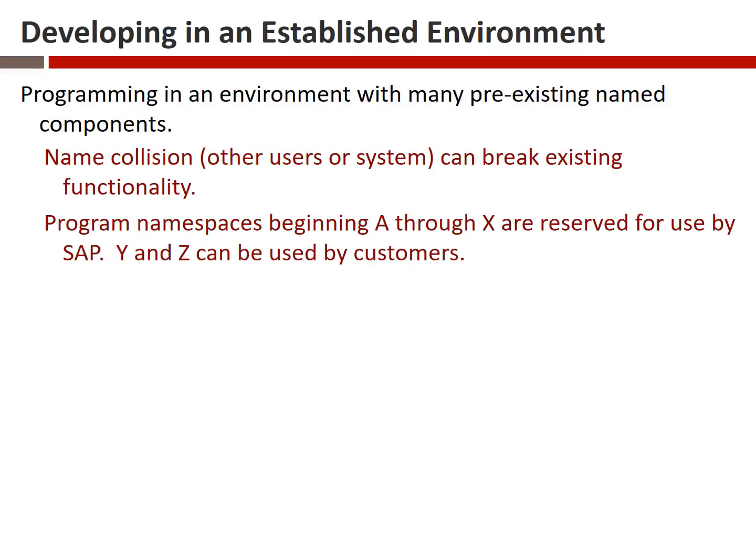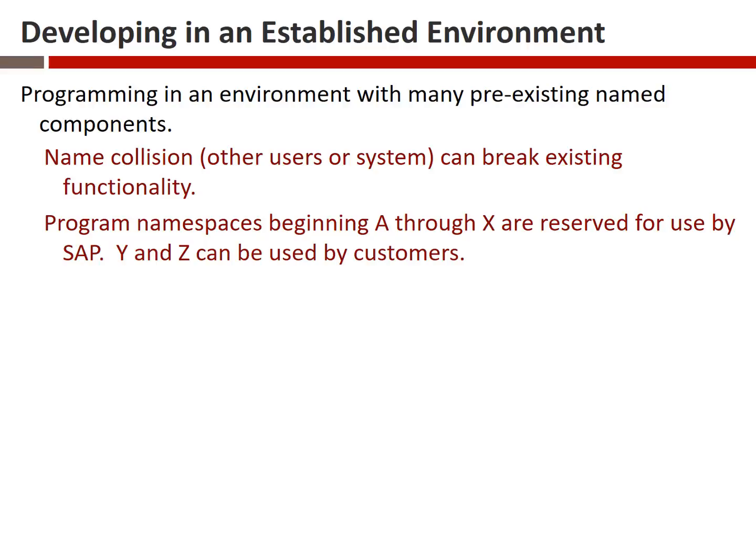I tried to create a program and it's asking me for a developer key, and I put in my developer key and it still won't let me create my program. And I'll ask them, what did you name your program? And they'll send me back the name, and I'll remind them, no, program names have to start with the letters Y or Z.